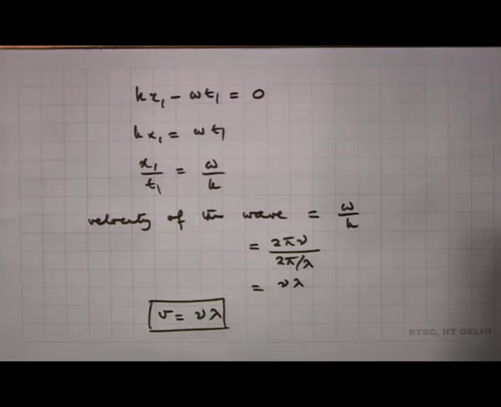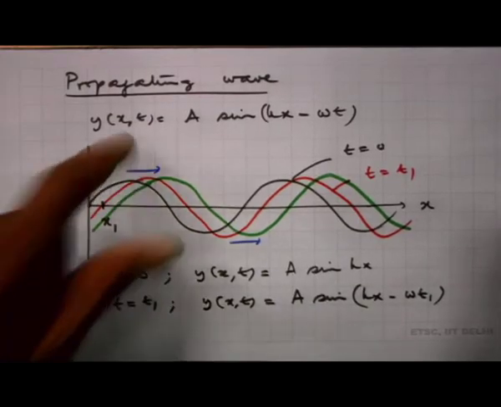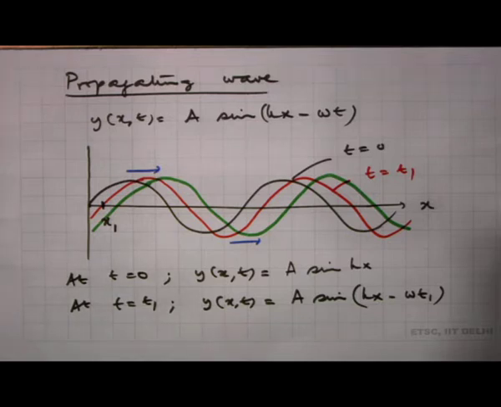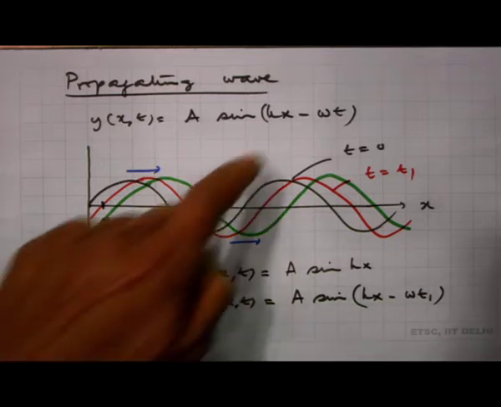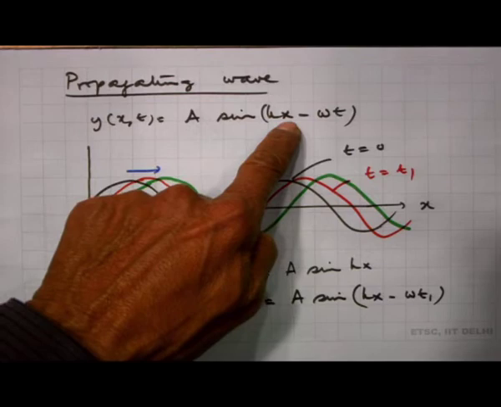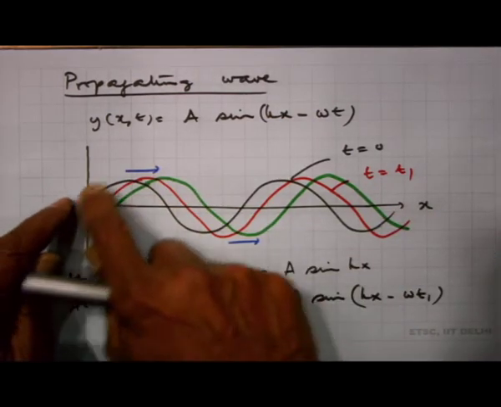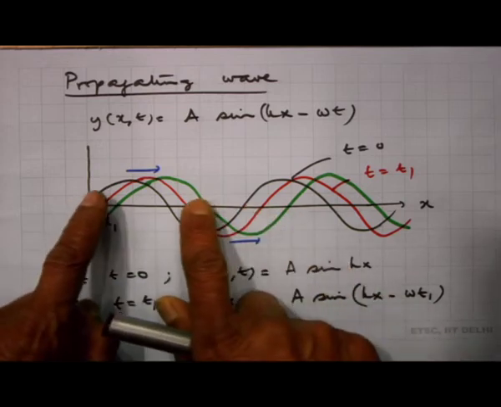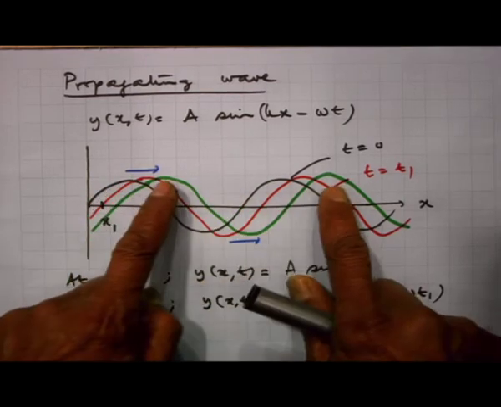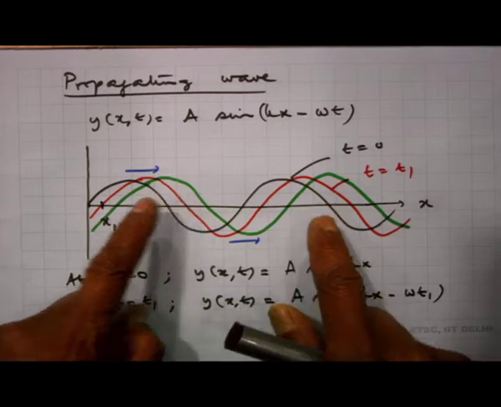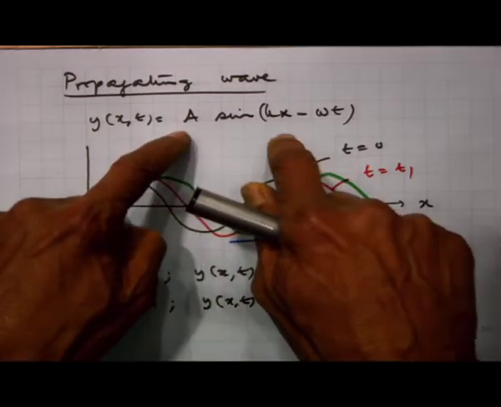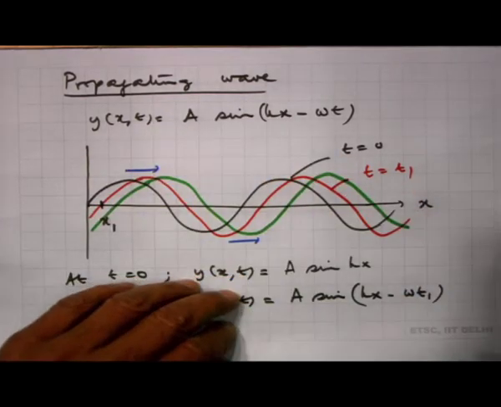So this particular form of equation represents a wave propagating along the x direction, because at t is equal to 0 the wave was in a certain position, and at a slightly later time it has moved toward positive x. So it represents a wave propagating along the plus x direction.